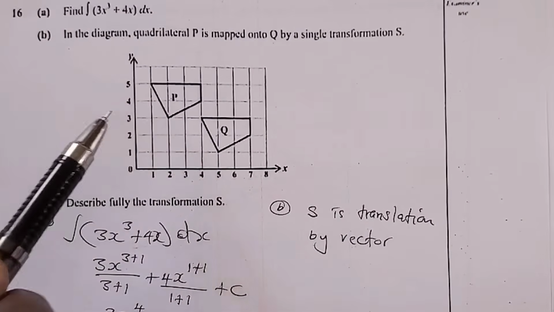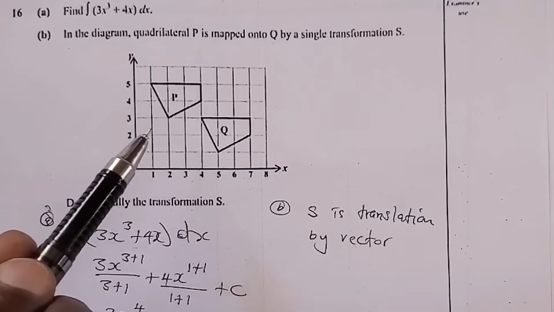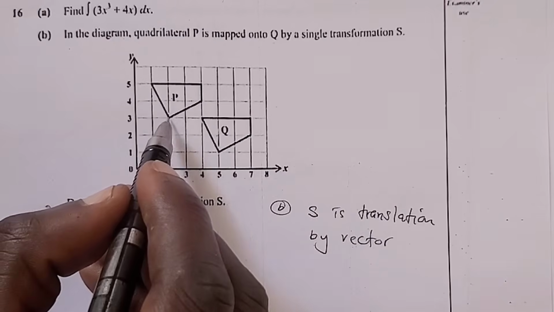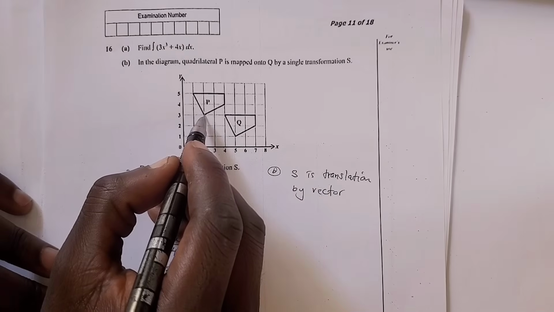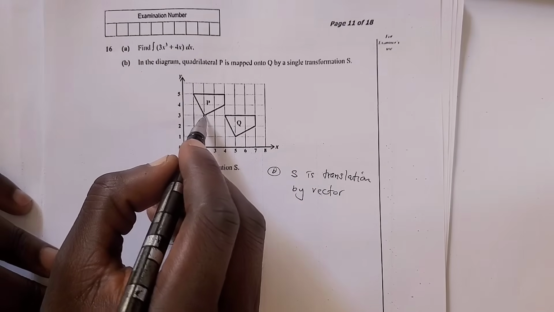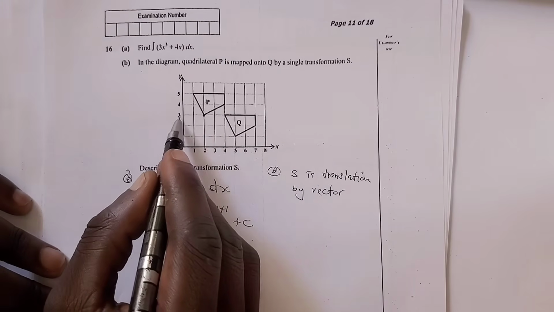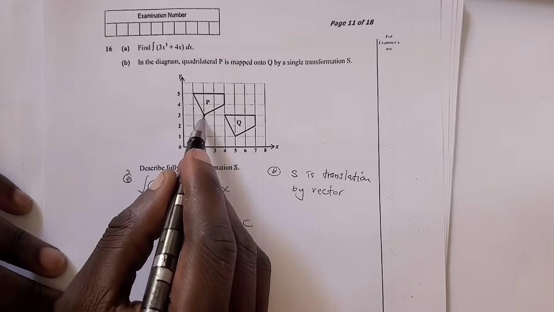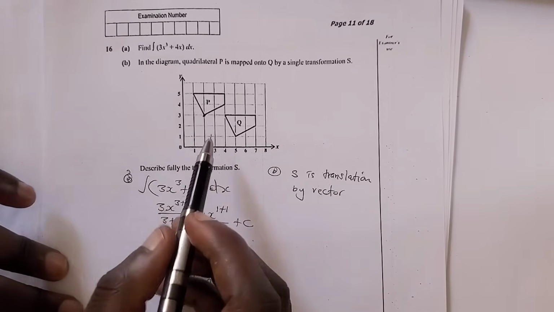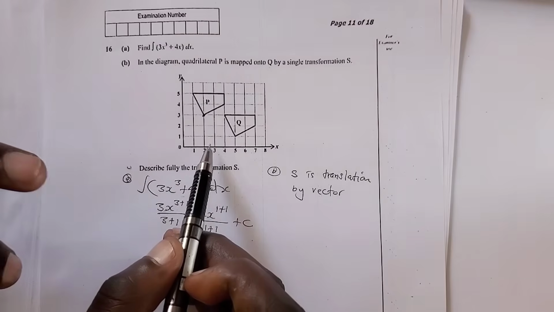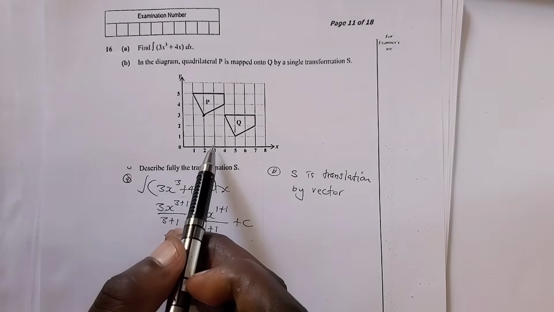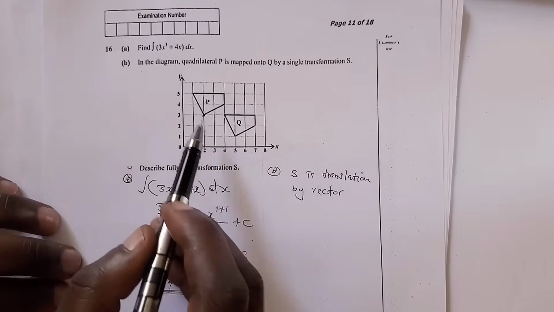This is 2, 3. Are we together? There are a lot of ways of finding this vector, but first, you just know the single point.